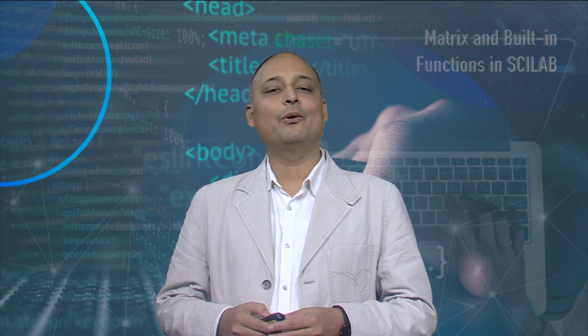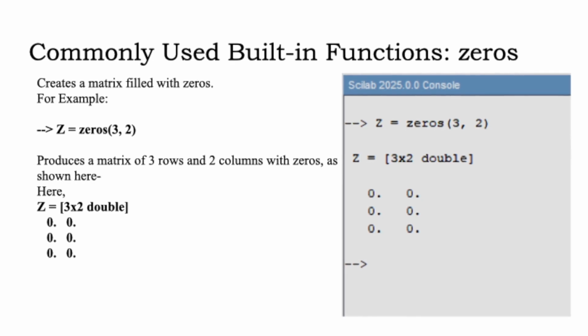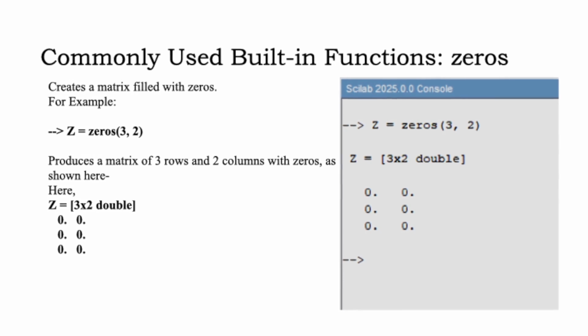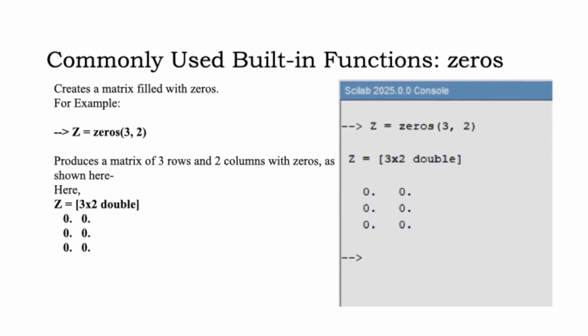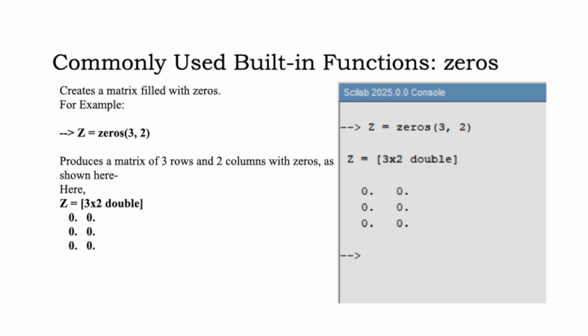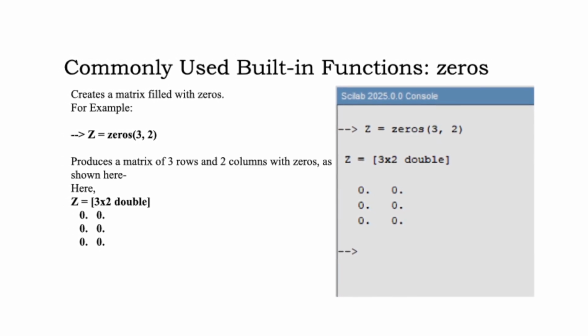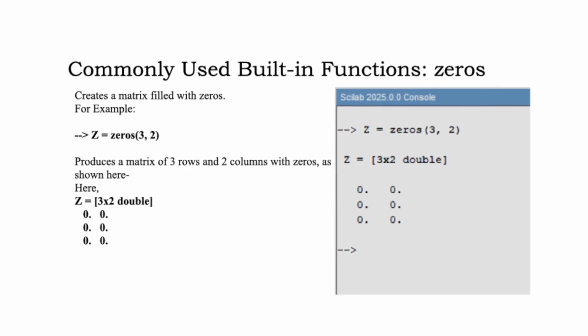The next important function in Scilab is zeros. zeros creates a matrix filled with zeros. For example, Z equal to zeros within bracket 3, 2. It produces a matrix of 3 rows and 2 columns with zeros as shown here.